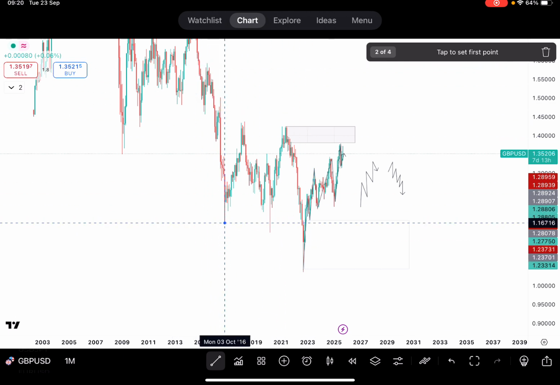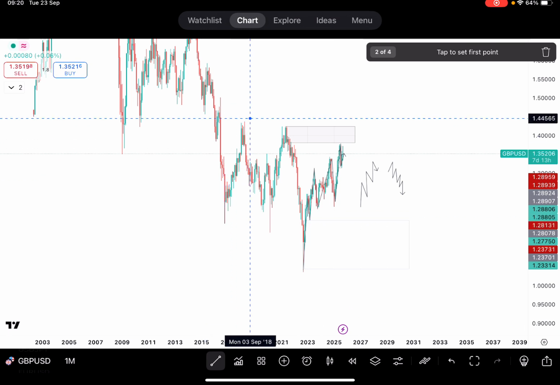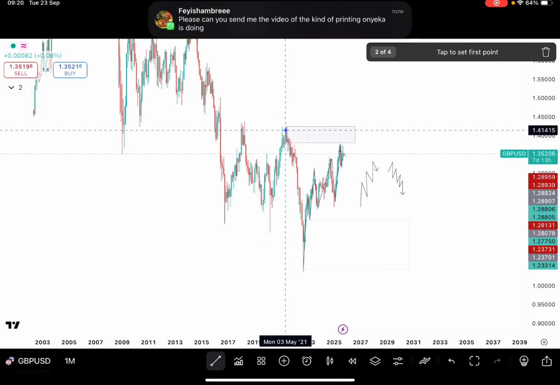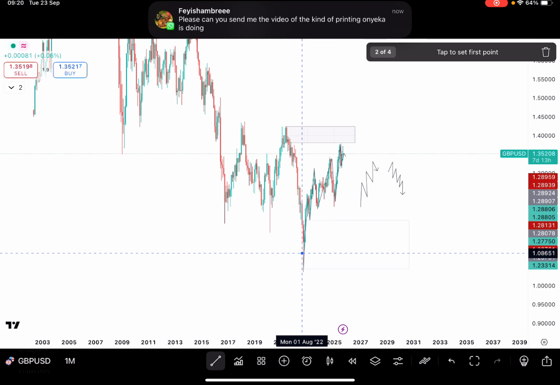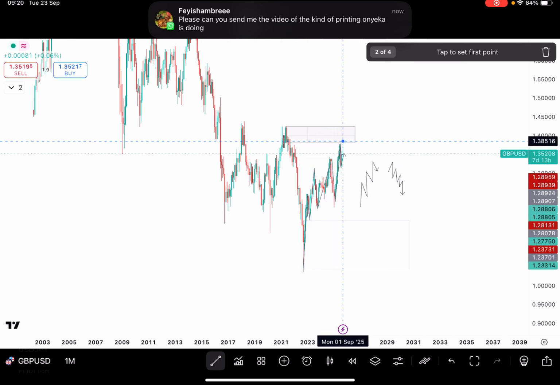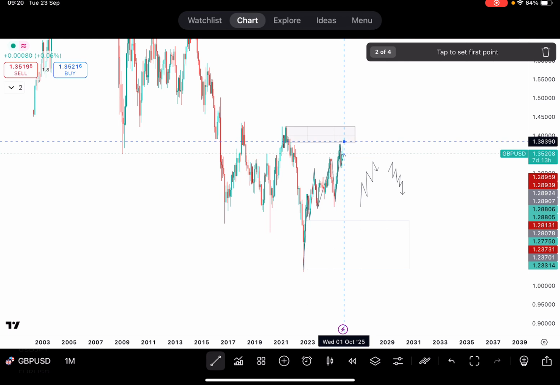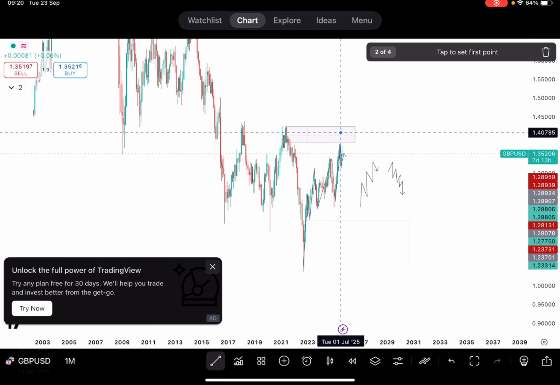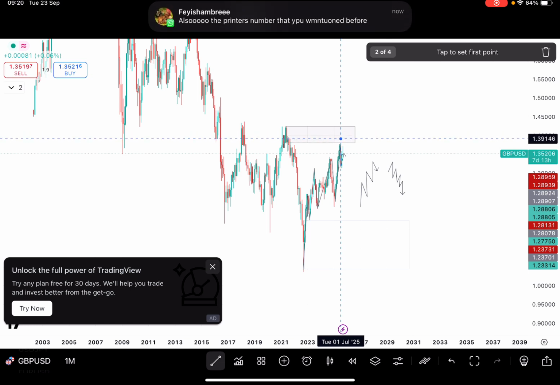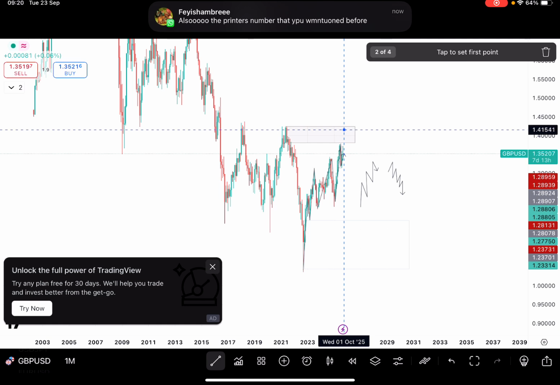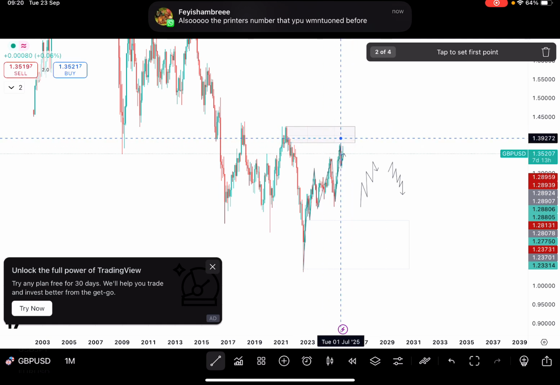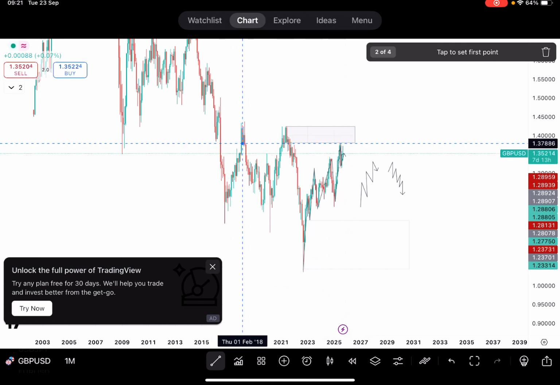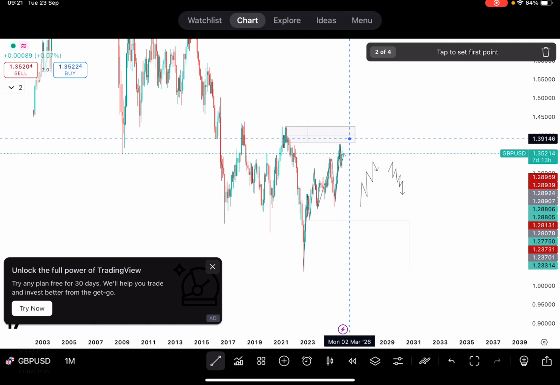We have this lower low, lower high, lower low, break of structure, lower high, lower low, a new lower high created. So if there is any place the market is going to stop, we have this level. So all of this plays like this. So this is going to be where I'm going to stop buying.